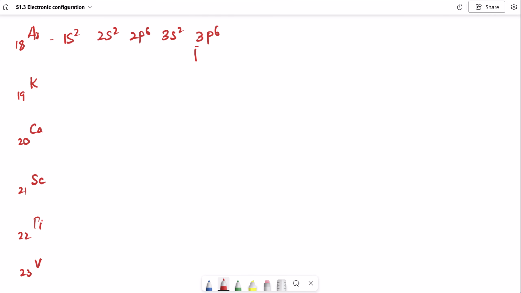So this is how you will find that the last cell is completely filled. 1, 2, 3, 4, 5, 6. Right? Let's go with the next. Potassium is 1s2, 2s2, 2p6, 3s2, 3p6, 4s1.